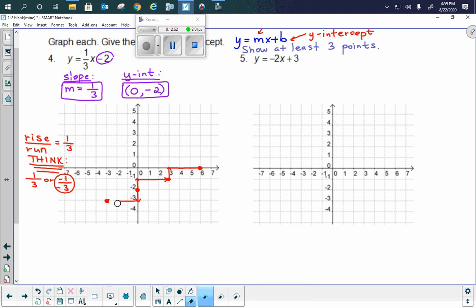If I use an eraser to try to clean it up a little bit so that you don't have so many things going on in here, and you can maybe just see my 4 points that I now have. Okay, and then do your absolute best to connect those. Okay, you can do better when you're not on a smart board.